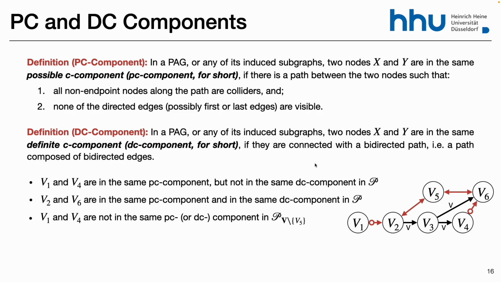The definite C-component is when you actually have the arrowheads pointing into the first and the last one. So, for example, V2 to V6 is a definite C-component between V2 and V6.